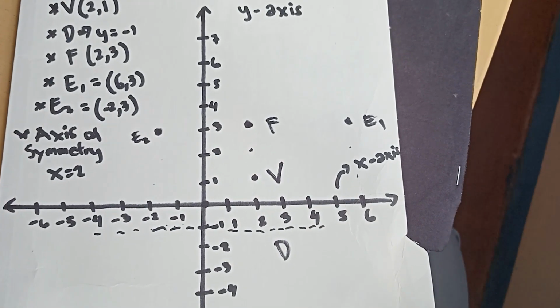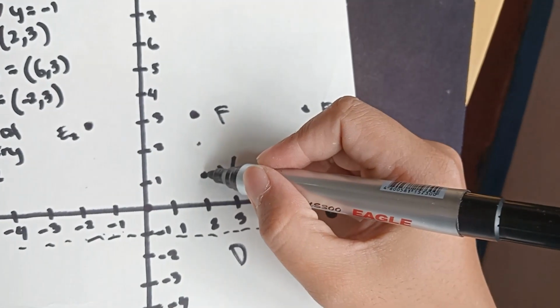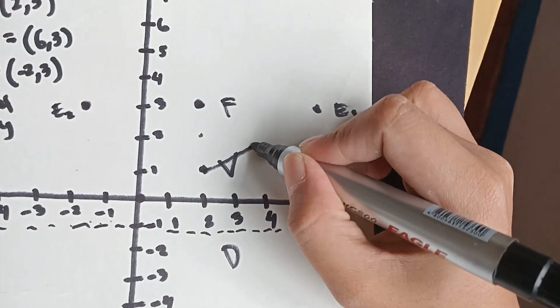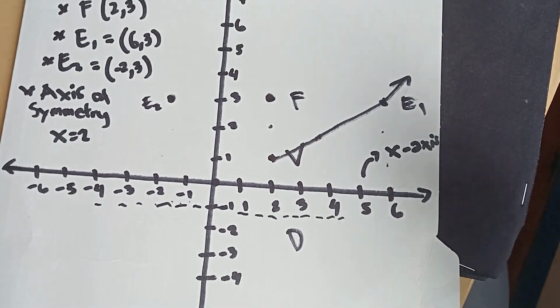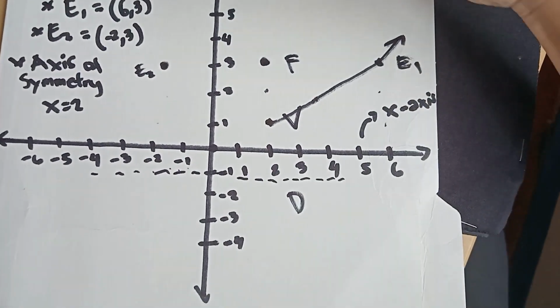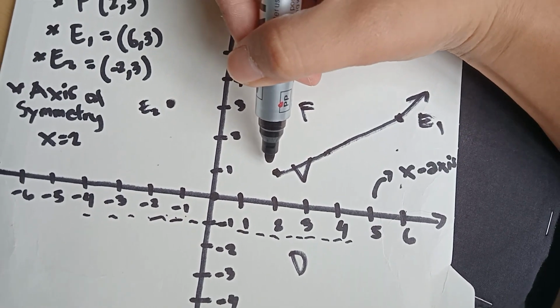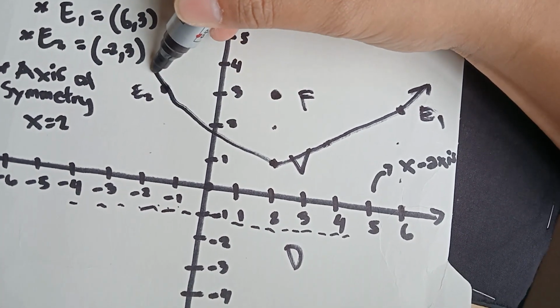Then afterwards, in terms of graphing, we need to connect from the vertex to endpoint number 1. It goes like this. That is the figure from the vertex to endpoint number 1, as well as from the vertex to endpoint number 2.